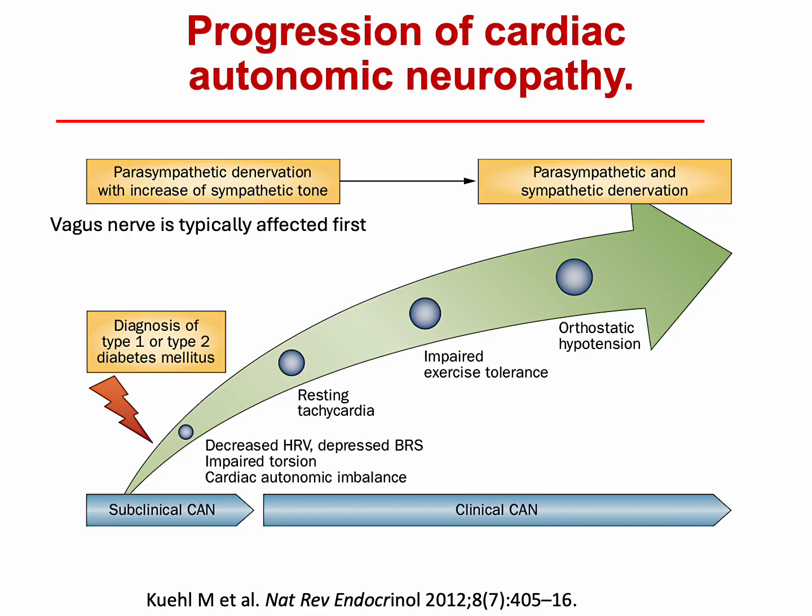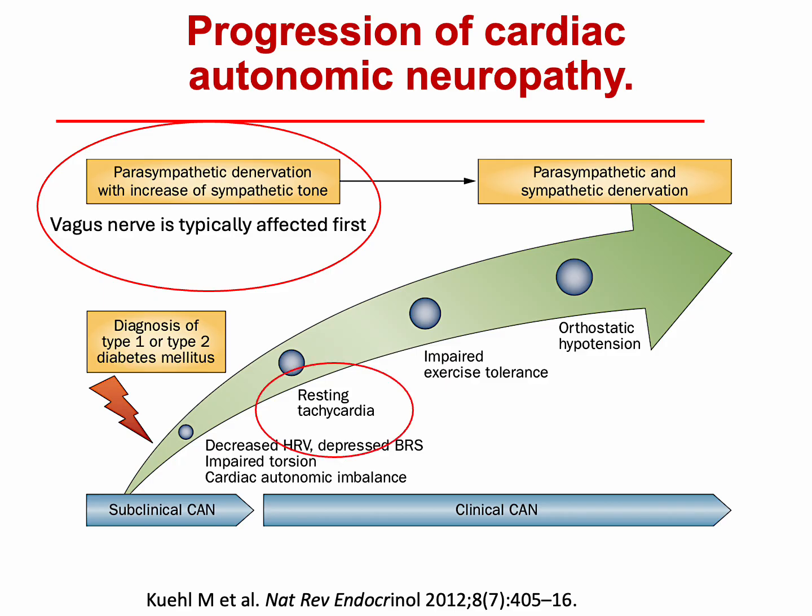Now, the vagus nerve is typically affected first because it is the longest autonomic nerve in the human body. Loss of parasympathetic tone results in a compensatory increase in sympathetic tone, with resultant elevated norepinephrine levels and insulin resistance. All of these changes reduce cardiac efficiency and ultimately can contribute to cardiac remodeling.